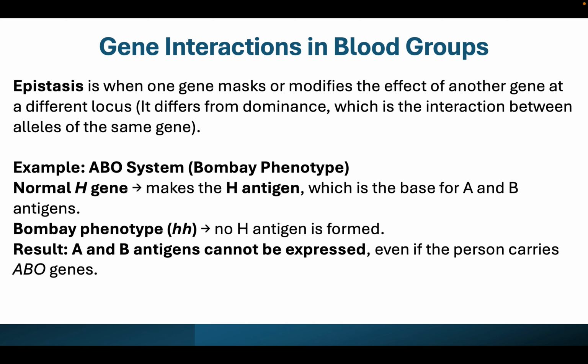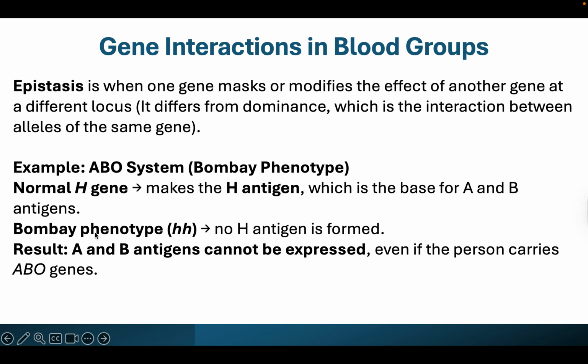If I inherited A from mom and B from dad, A and B are equally strong, what we call codominant. So if I inherited these two alleles from my parents, then I have the AB phenotype.